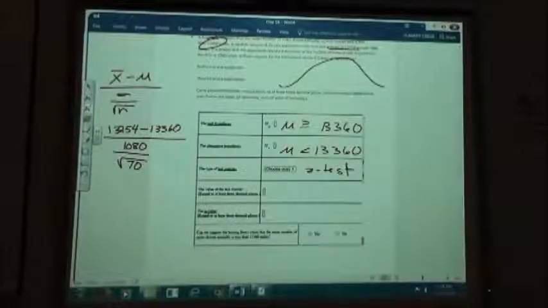Let's try it this way. Put in your negative 106. Divided by, and then put parentheses, 1,080 divided by, no, in the same set of parentheses, because that's all together in the bottom, square root of 70.